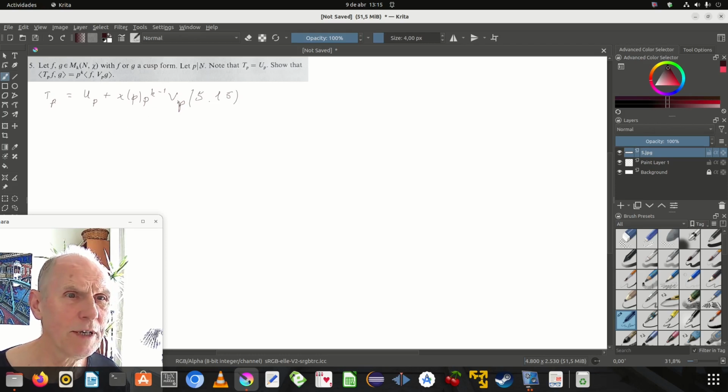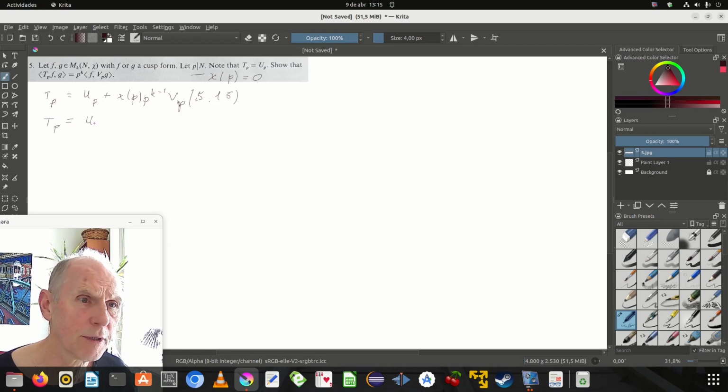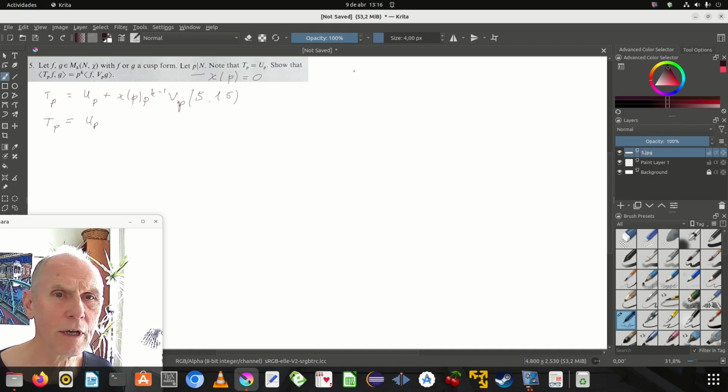Now we have p divides N, which means that chi of p vanishes because it's a Dirichlet character modulo N. So that gives T_p equals U_p. All right, so let's get working.